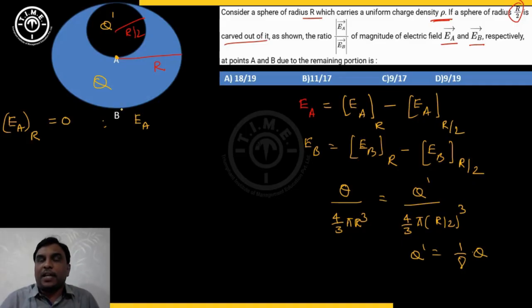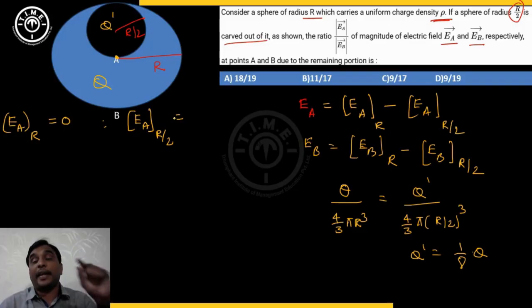Now electric field at A due to the sphere of radius r by 2. Point A is placed on the surface of the smaller sphere whose radius is r by 2. So what is the expression on the surface? K Q prime by radius r by 2 whole square. But this Q prime is Q by 8.